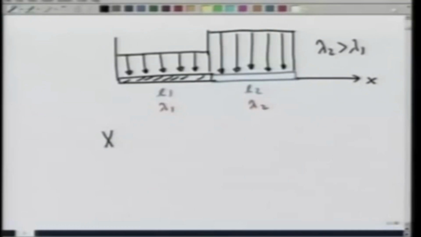By definition, the center of gravity is the centroid of this load curve.